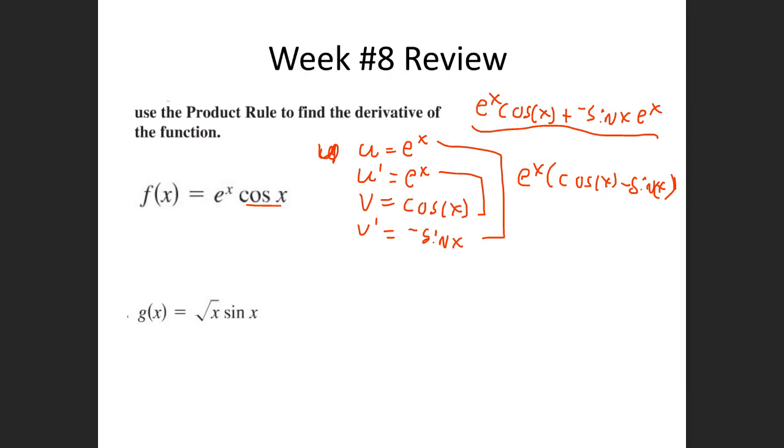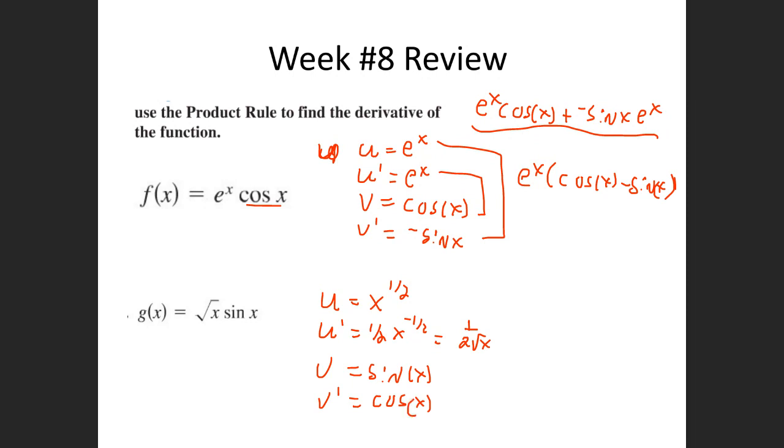And then the second one, I have the square root of x times the sine of x. Well, for this problem, I would write the square root of x as x to the 1/2, because then when I take the derivative, that's just 1/2 x to the negative 1/2, which becomes 1 over 2 square root of x. And then v is equal to the sine of x, and v prime is equal to cosine of x.